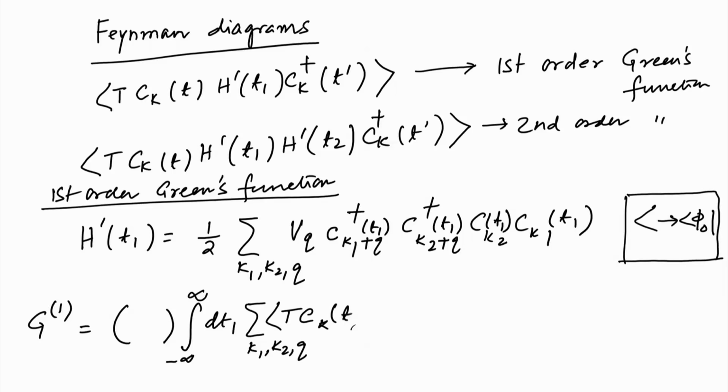So, it is a Ck of t, then there is a Vq. We could have written Vq here as well.